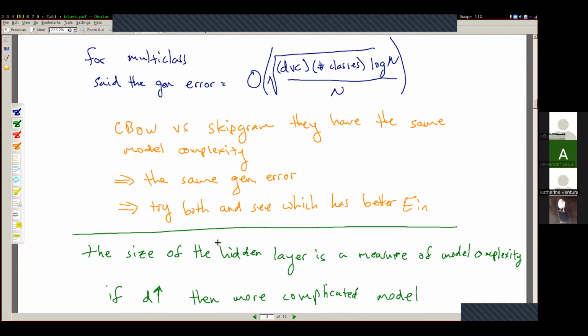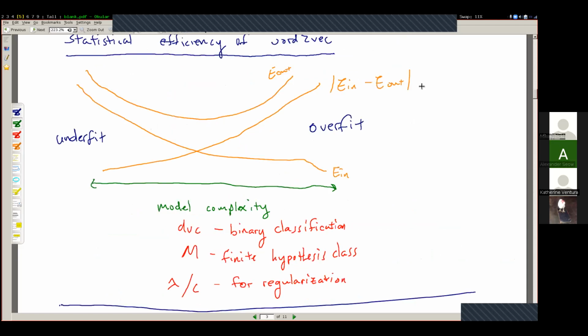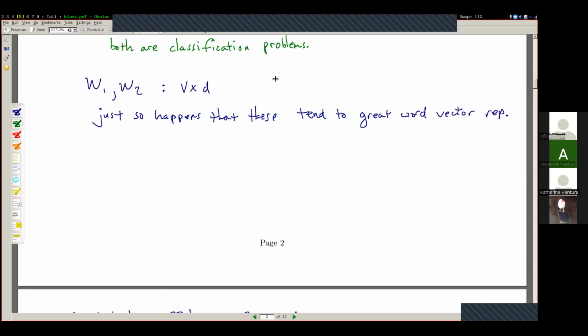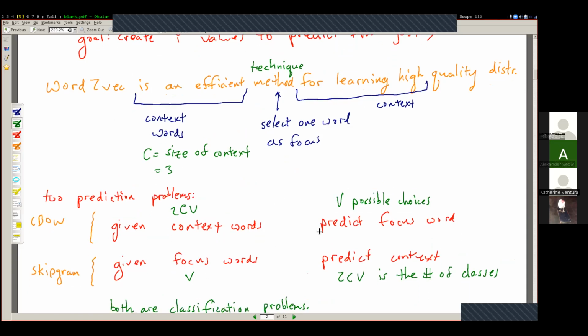Yeah, so fantastic question. Here I'm using E out, E sub n, generalization error, all of these error terms. And in some sense, I haven't fully defined what these things are because we've been talking about these only in terms of binary classification in the textbook. But what does it mean for word vectors to talk about, say, the E out? The most simple, most literal thing to do is that you consider E out, E in, your actual classification error on the multi-class classification problem of CBOW or skipgram, whatever that is.